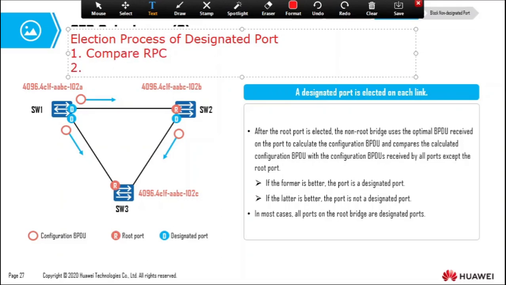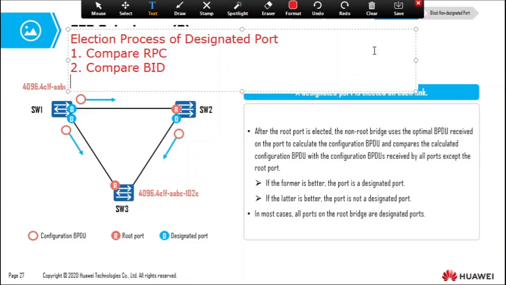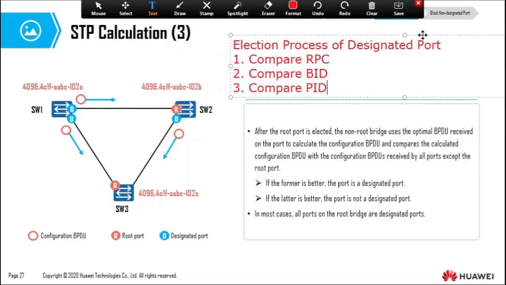Number two, if they're the same, compare what? BIDs. If the BIDs are the same, then we compare what? The port identifiers. So that's how we elect a designated port.